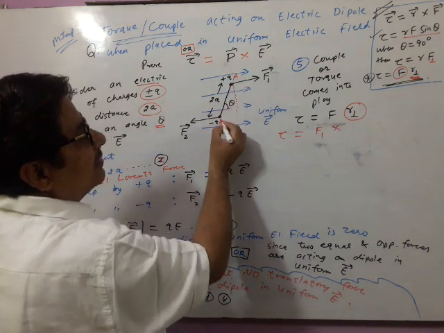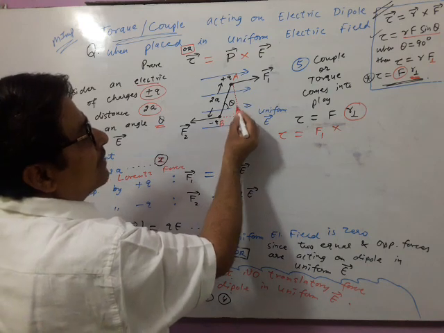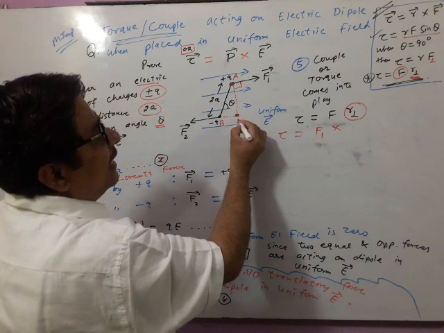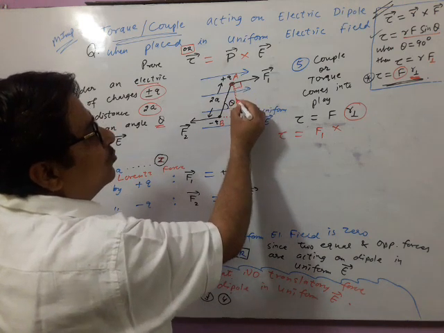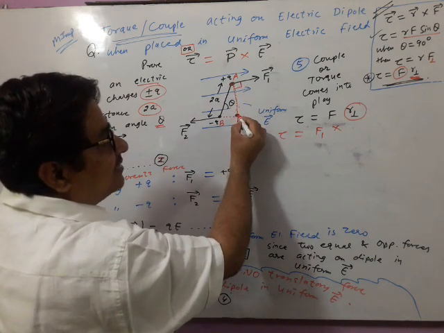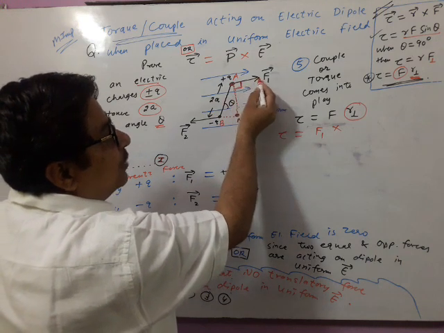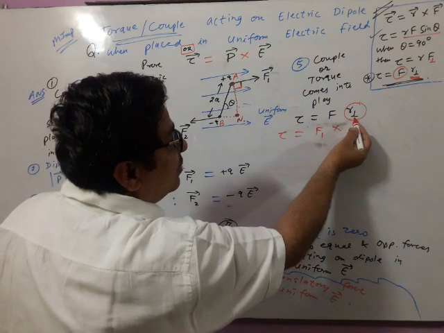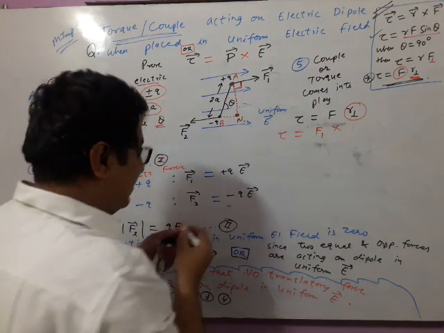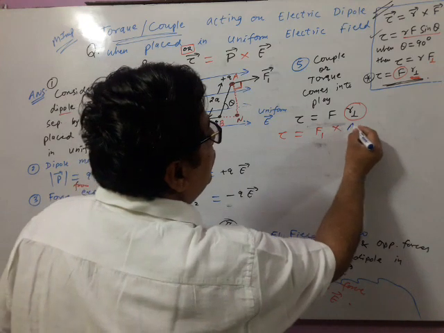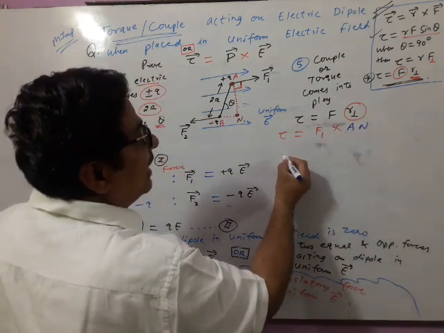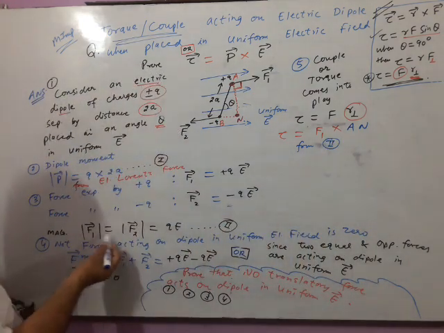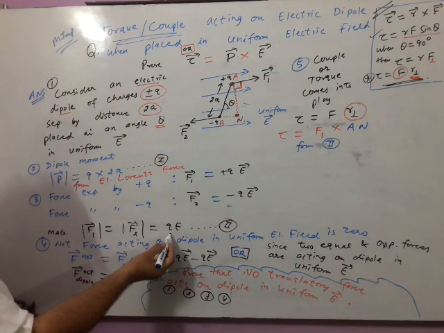Let us say it is A, it is B. And notice this perpendicular distance A to N. This A to N, by construction, is visible, it is perpendicular to F1. So you may take any force, but you will have to multiply by the perpendicular distance. It is A into N. तो यहां आपको लिखना होगा A into N. Now what is F1? From second equation, F1 and F2 both have the same magnitude, Q into E.